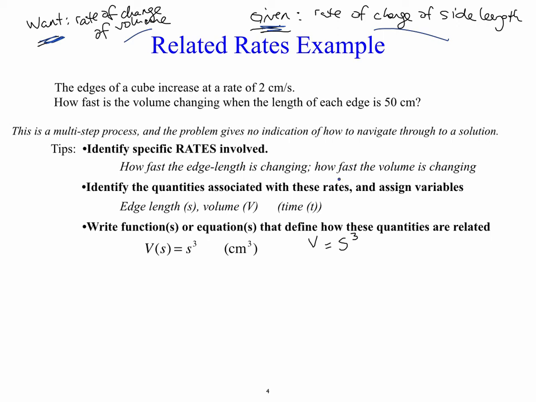So the only obvious next step is to do what? Find the rate of change with respect to time. And that's the tricky part. So we want to now find the rate of change with respect to time. So what does that look like? Well, that requires us to use implicit differentiation.